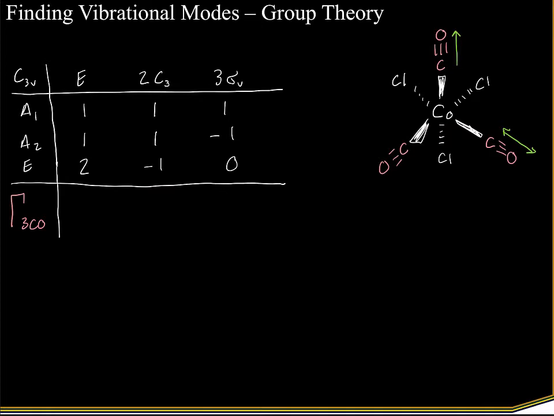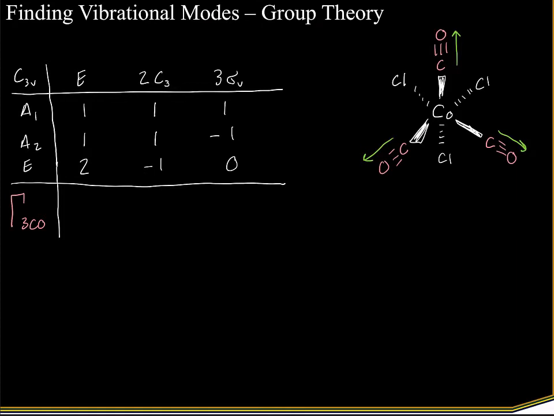What I'm going to do is look at each one of these stretches, and I'm going to draw them almost like a vector. I'm going to say, when they stretch out along this direction, does it create a net polarization? We don't have to dig into what that means just yet. But what I'm doing now is using group theory to analyze these 3 green arrows, in the same way that we looked at our molecular orbitals in our last class.